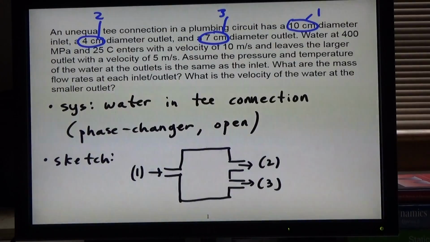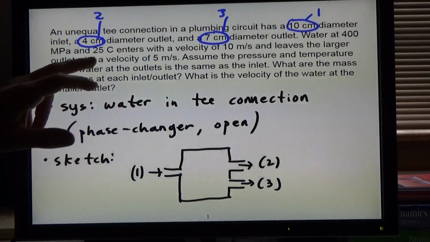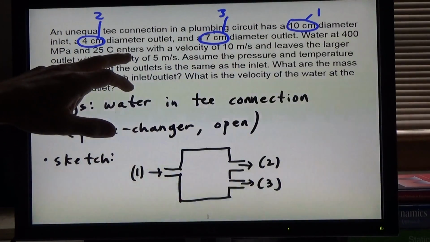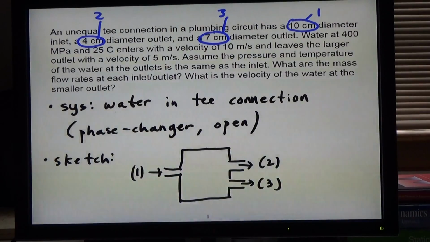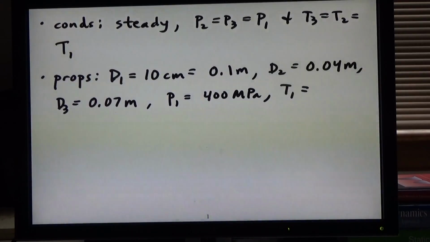Next thing we read in the problem statement is that water is our substance at 400 megapascal and 25 degrees Celsius. Those are the properties as the water enters the system. So we're going to say that P1 is 400 megapascal and T1 is equal to 25 degrees Celsius.